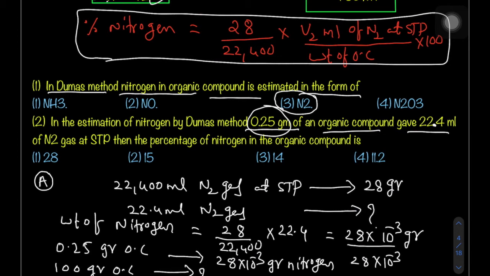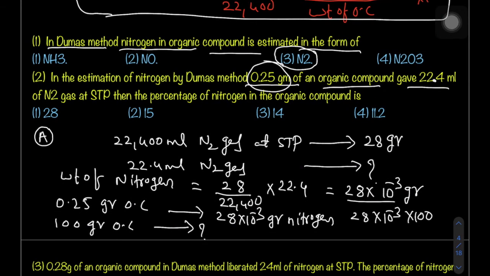So that will be 28 into 10 raised to minus 3 into 100 divided by 0.25. Are you getting my point? You will get the final answer 11.2 percent. What is the answer here? 11.2%, it is the fourth option.